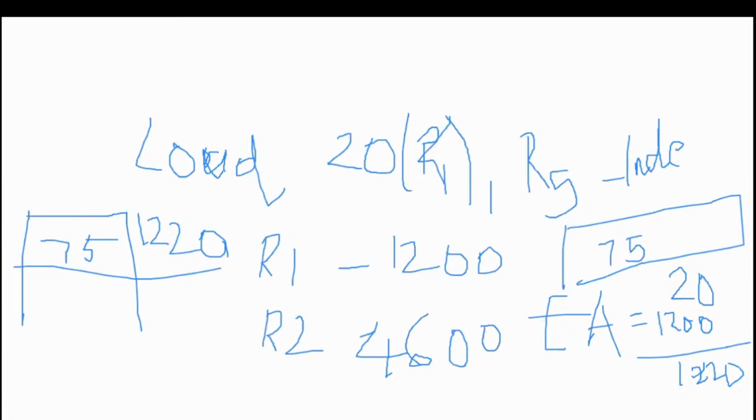Got it? Now tell me, move to 3000, R5. Which addressing mode is it? Direct. So no need of finding the effective address.